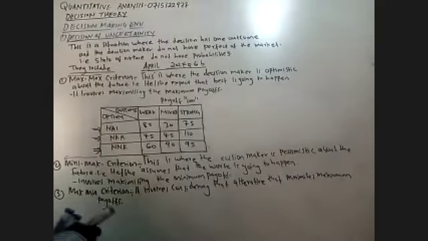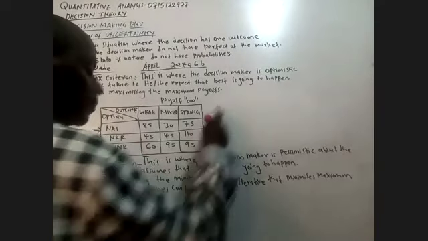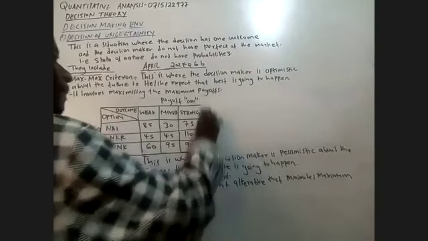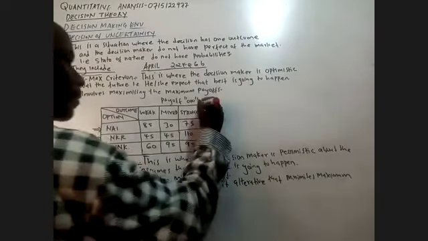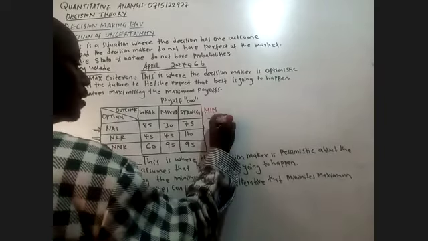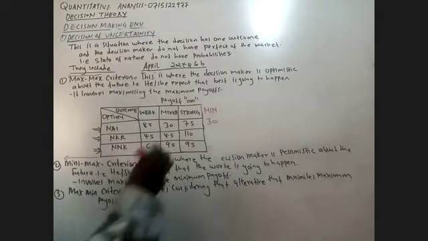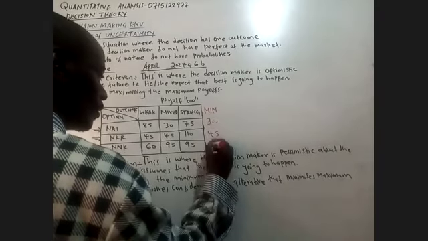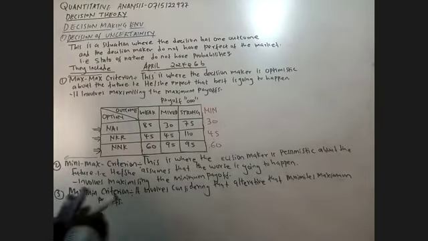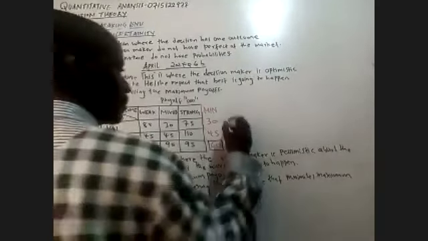So you pick maximum. So we have 60 as the minimum. We have 45. We have 30. Then of that one, pick minimum. So we shall pick 60.